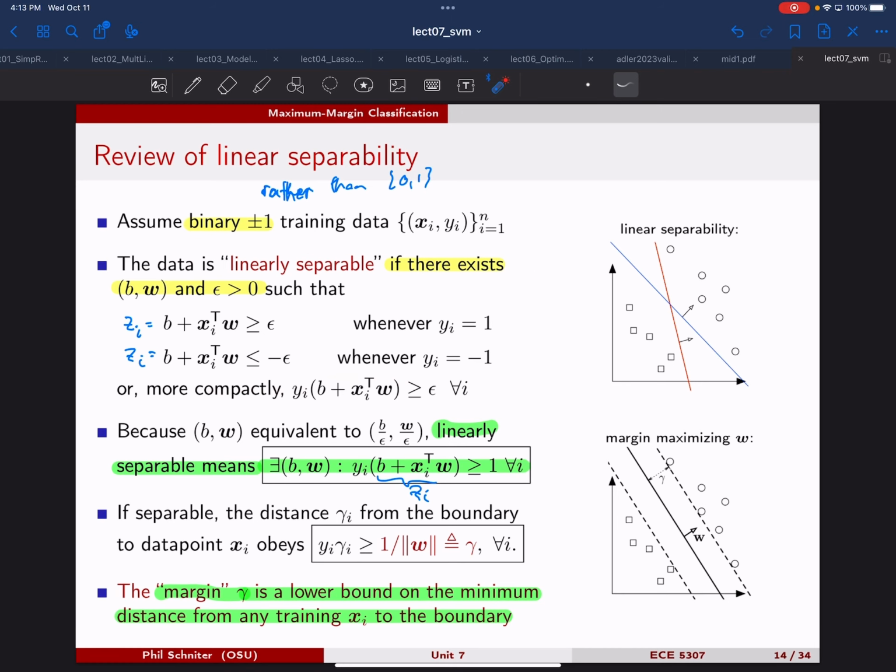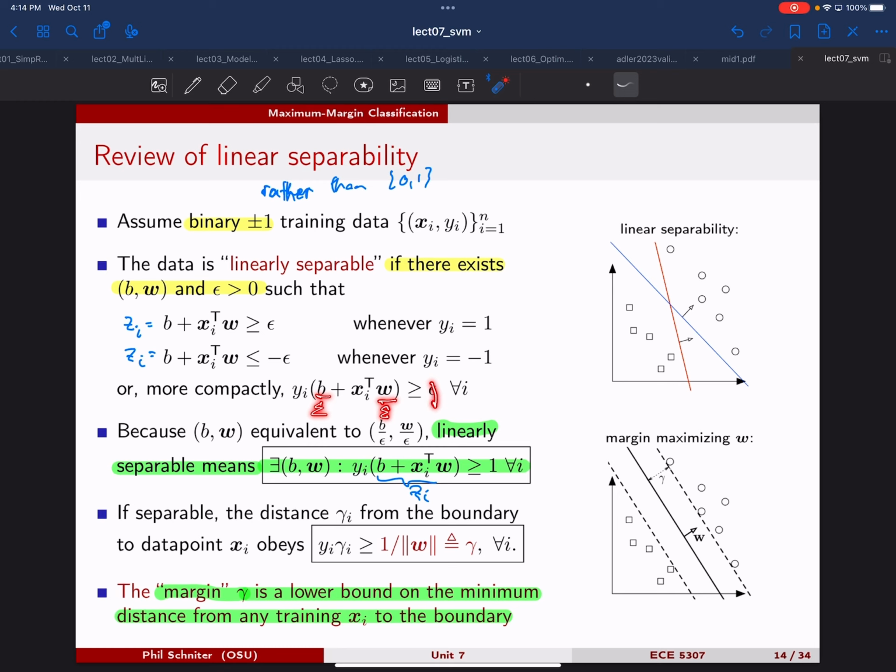And then we set about trying to simplify this. And the first thing we said is, okay, if the data is ±1, then we can actually merge these two inequalities together into a single inequality. That simplifies it a bit. But then there's still this epsilon. Can we somehow avoid using epsilon? And the answer is yes, because if you divide both sides of this by epsilon, you get B over epsilon and W over epsilon greater or equal to 1.